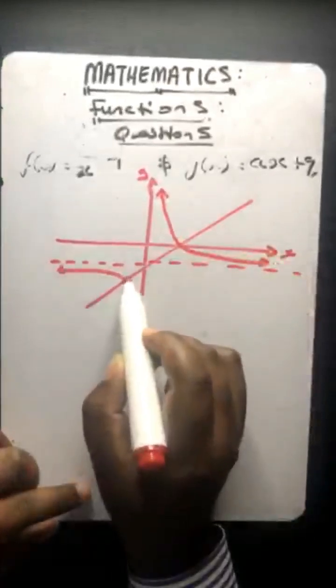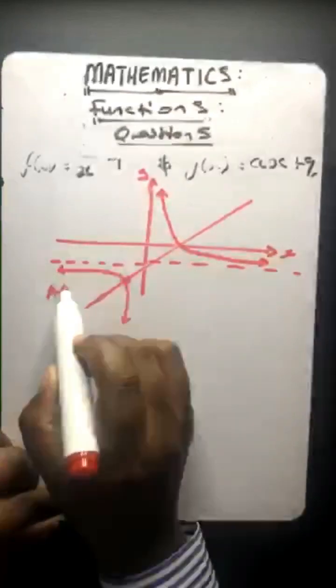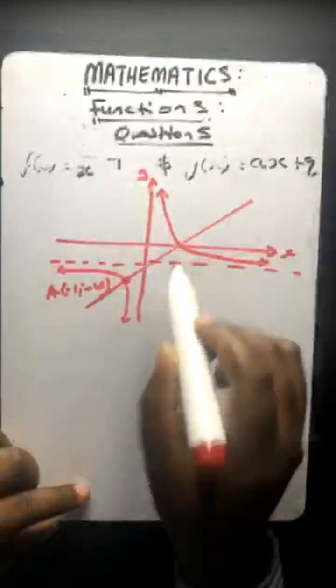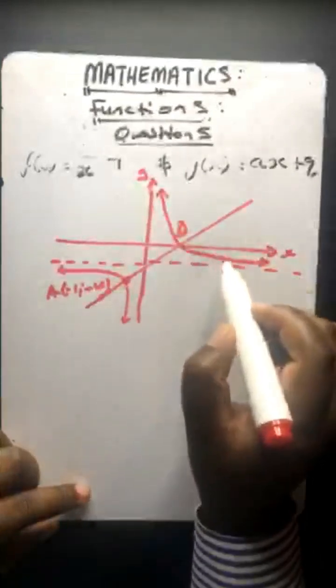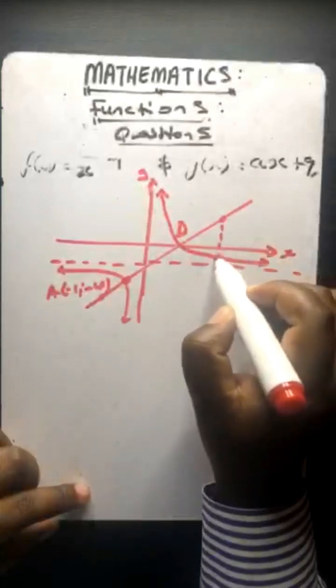Then you have a point, they say it's point C, and then you also have point A, -1 and -4. So that's how you quickly redraw, and then make sure to add those letters there, and then you have that dotted one.